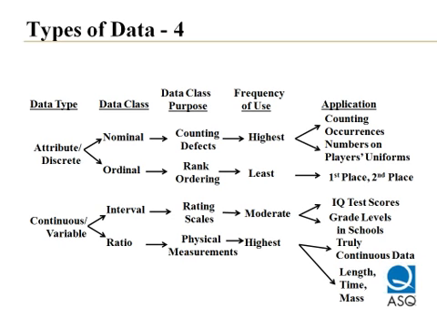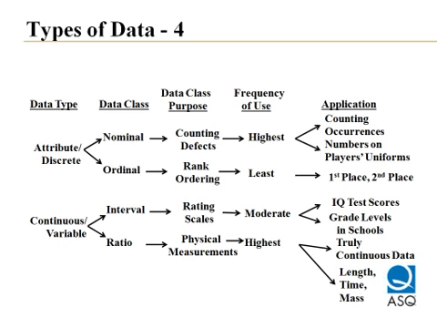For example, for the attribute and discrete data called nominal, we use that for counting occurrences or for numbers on players' uniforms. Again, for attribute or discrete data, we have ordinal, and that's used for identifying first place or second place or more in a rank ordering.